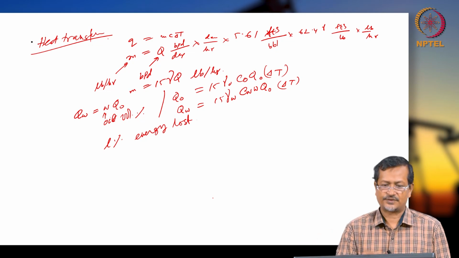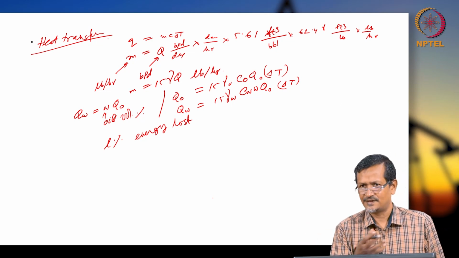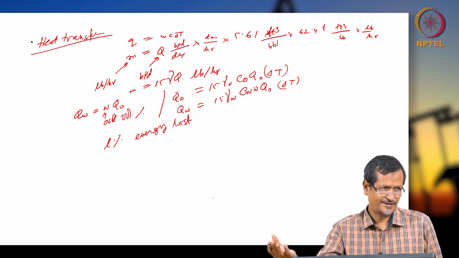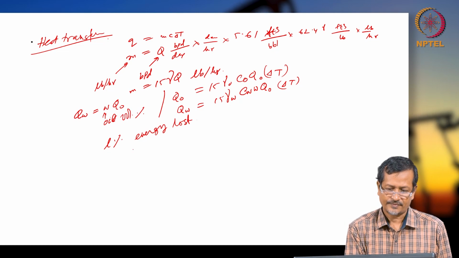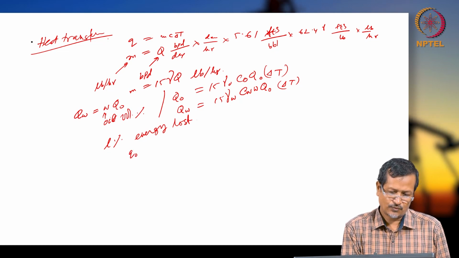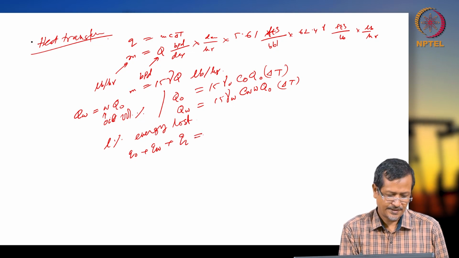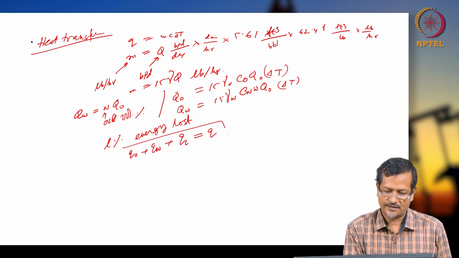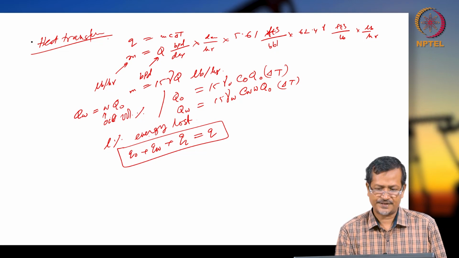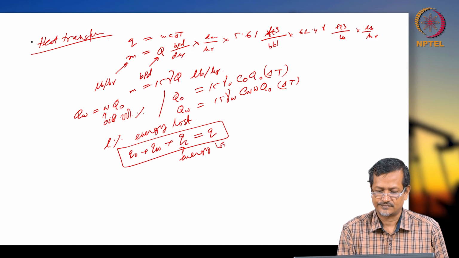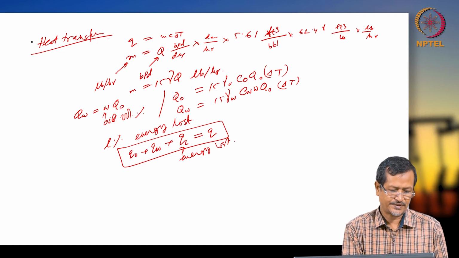The energy you are giving from your burner is not reaching your fluid. So Q oil plus Q water plus Q loss equals total. This is the basic formula; something is lost.